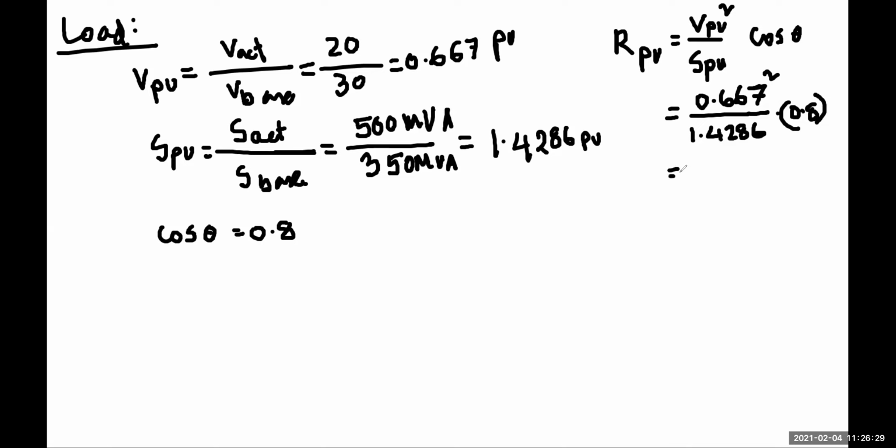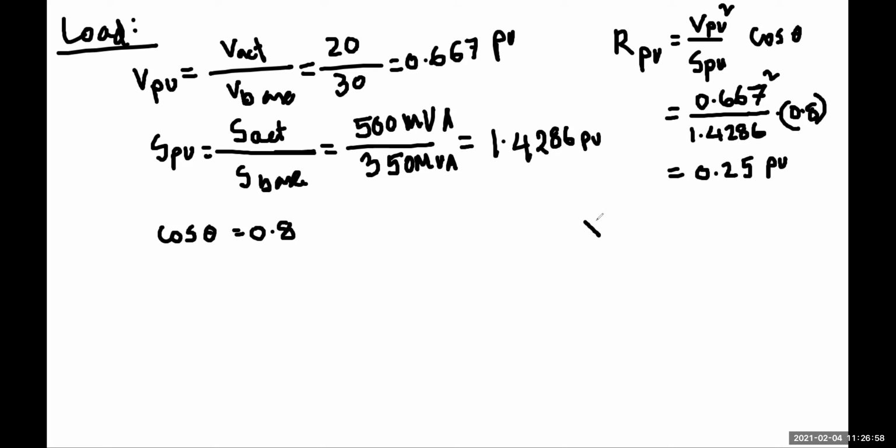So the value will be how much? Let me find out. Maybe 0.25. 0.667 square divided by 1.4286 into 0.8. Yes, 0.25.